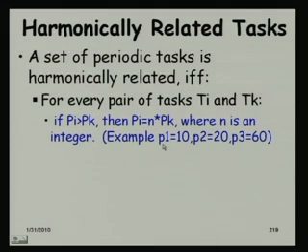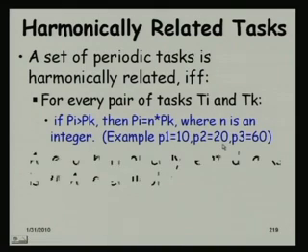For example, 3 tasks whose periods are 10, 20 and 60 are harmonically related, because 20 is 10 into 2, 60 is 3 into 20 and 6 into 10. So, every higher period is an integral multiple of every lower period. Then we call it a harmonically related set of tasks.